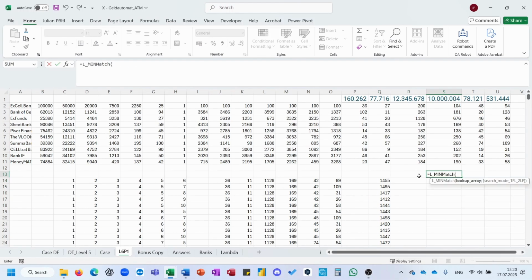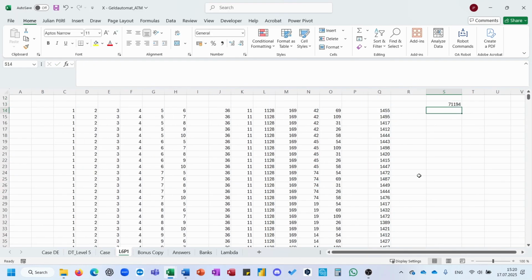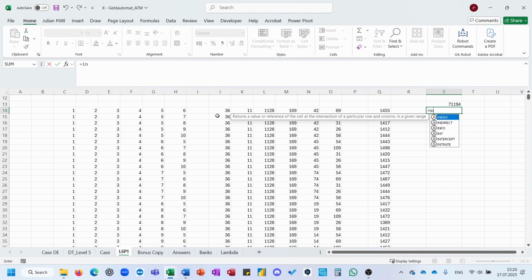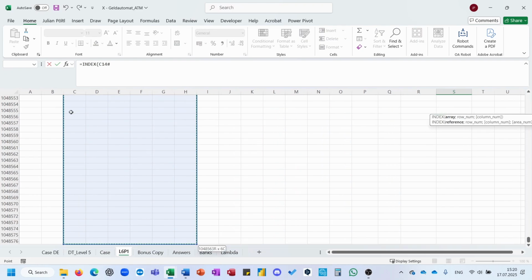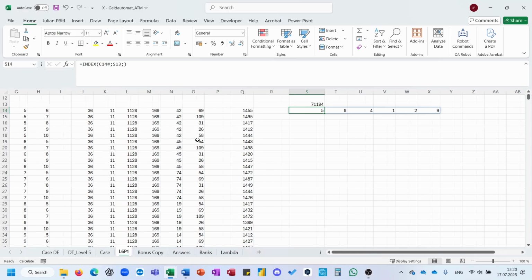Min match. Where is the smallest combination in row or relative row, 7,2000, and then I use index to figure out the banks used.